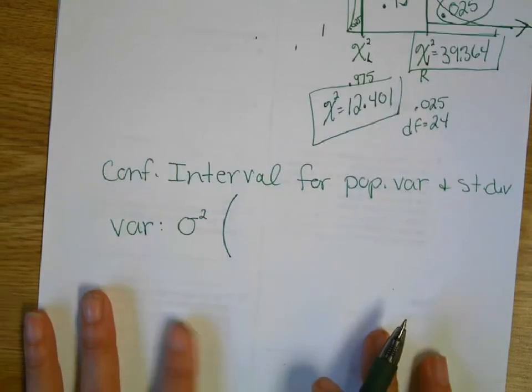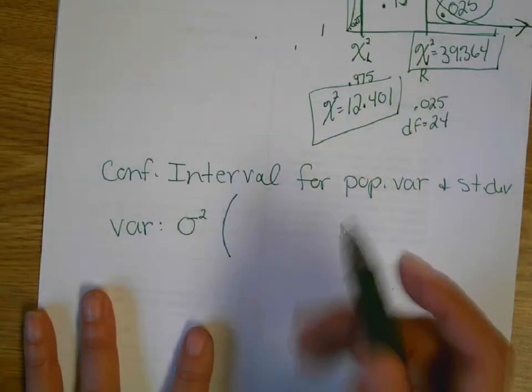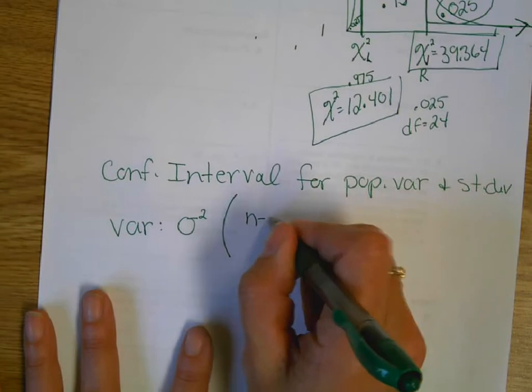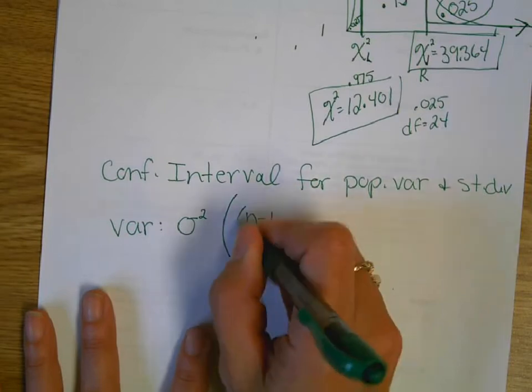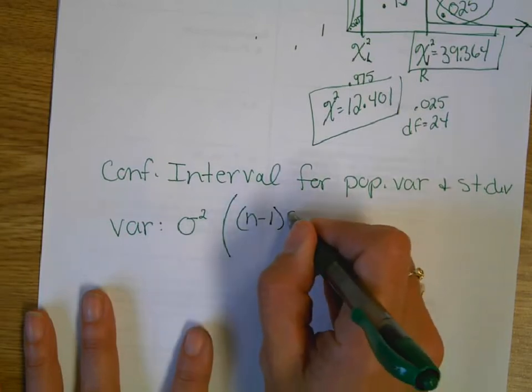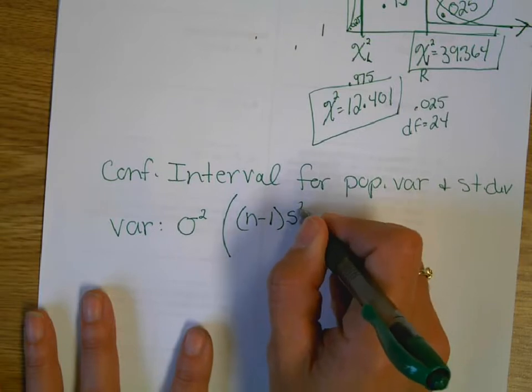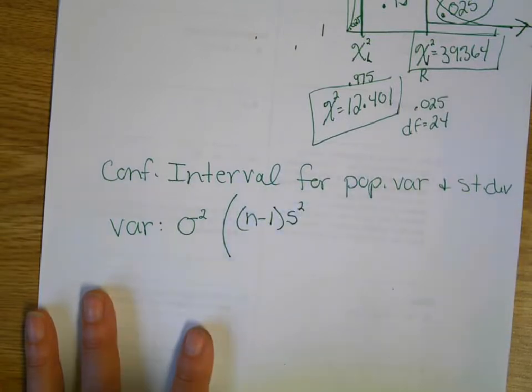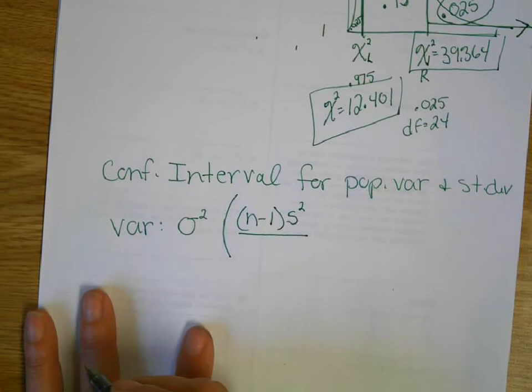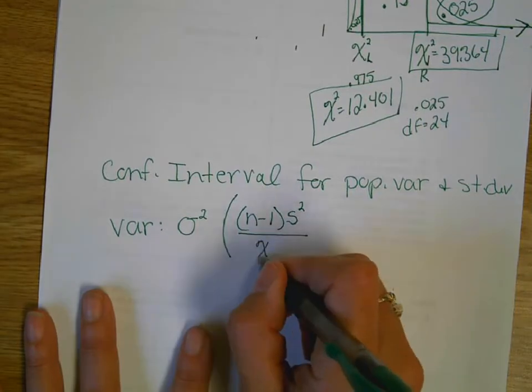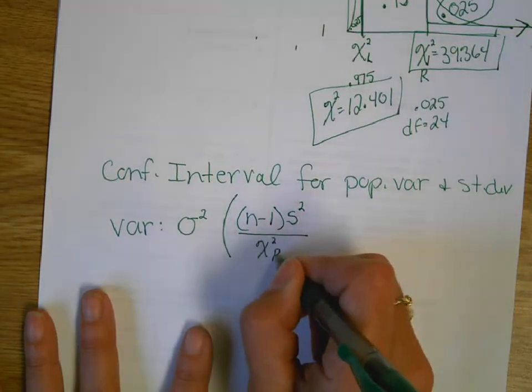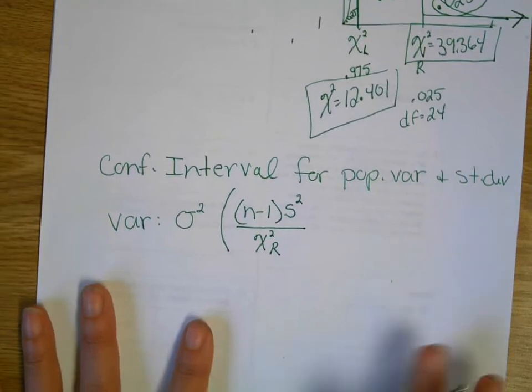the interval is going to be found, the smaller part of the interval is n minus 1 times your sample standard deviation squared divided by your chi-squared right value from the table.